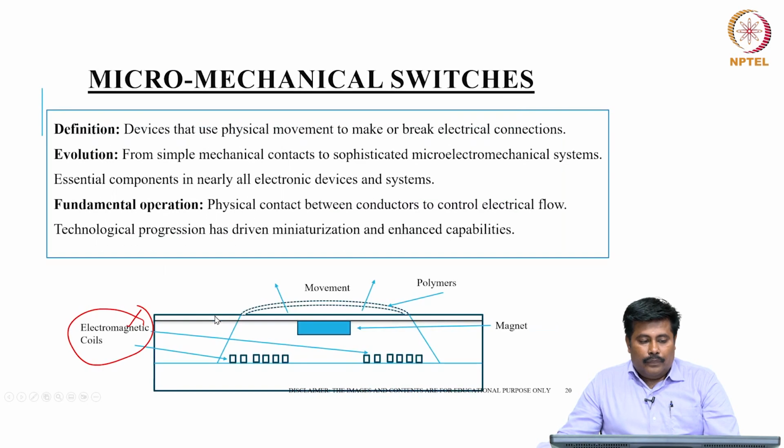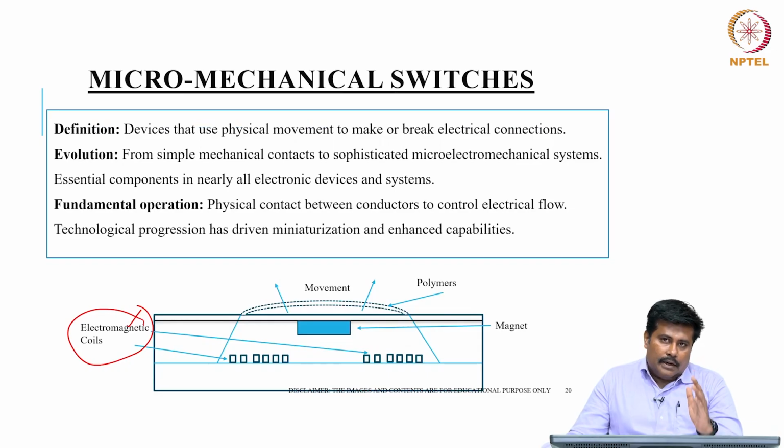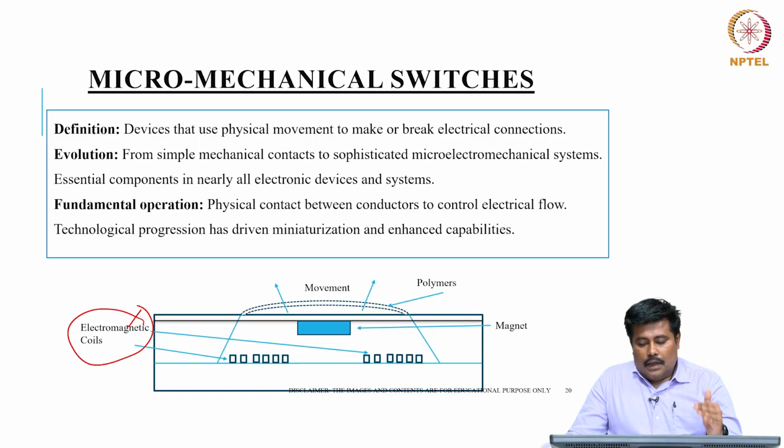The overall actuation is taken care of by these electromagnetic coils and the magnet. Based on this movement, you can have control over the frequency as well as the vibration.